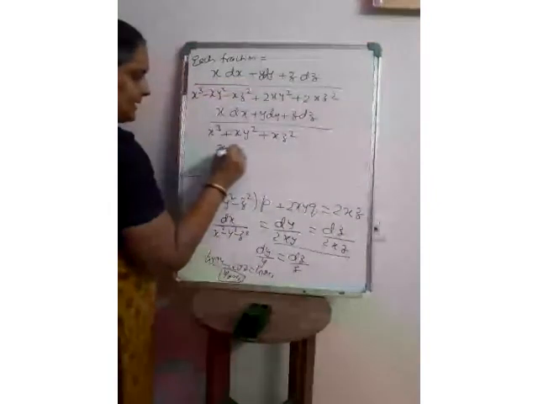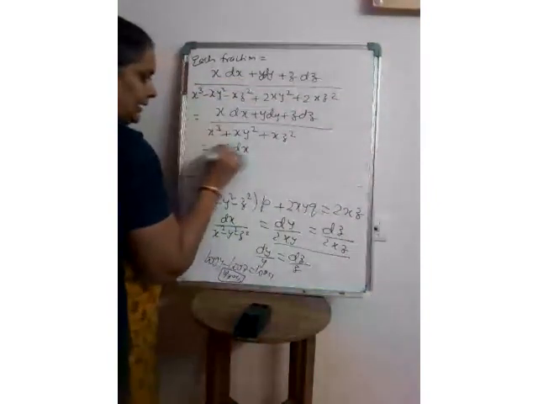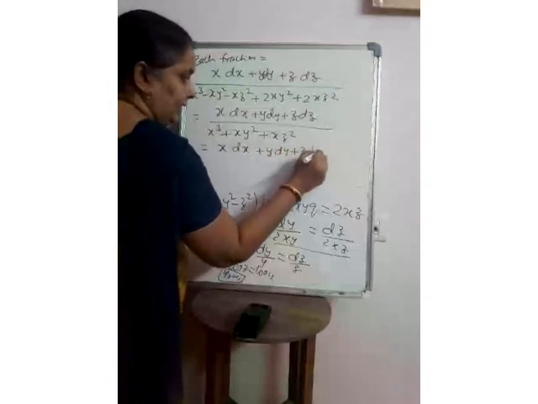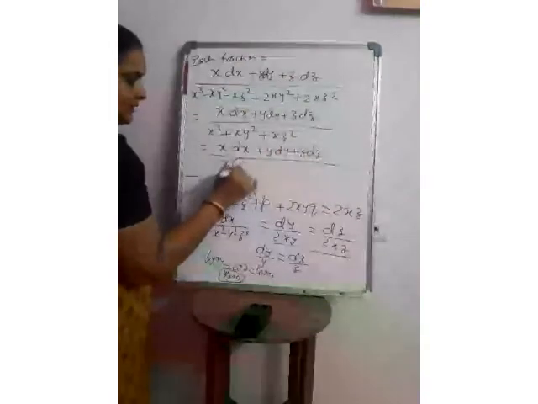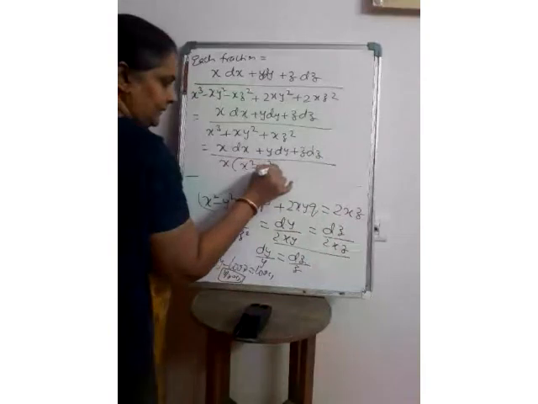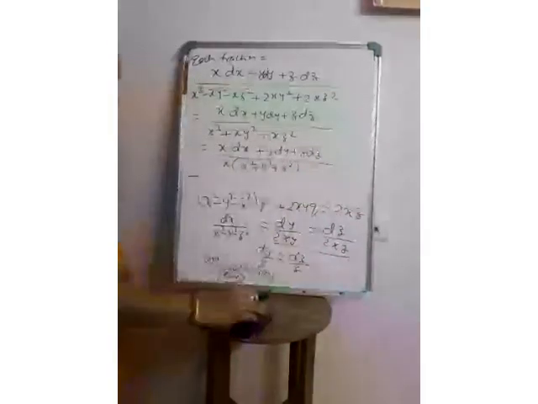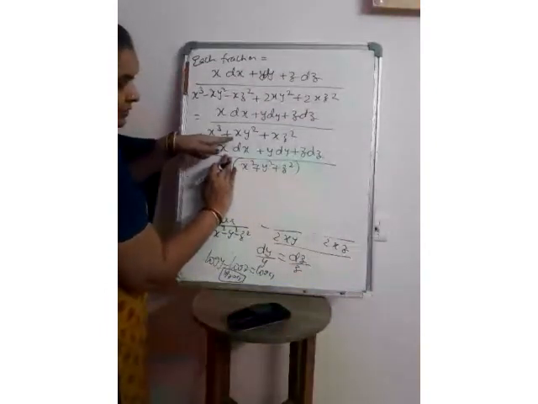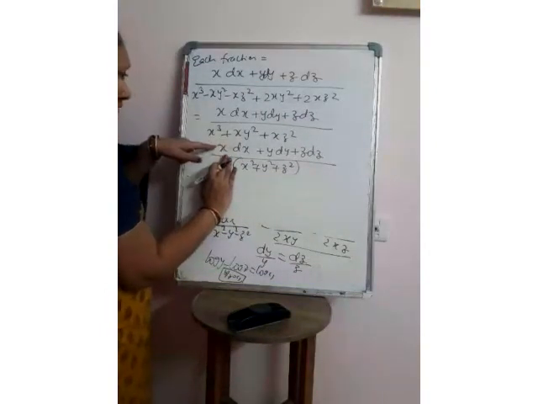So we can take it as x dx plus y dy plus z dz by, we can take x common outside, so this will become x square plus y square plus z square. And this fraction also can be written as, this is almost in the f dash by f form where we need 2 here.